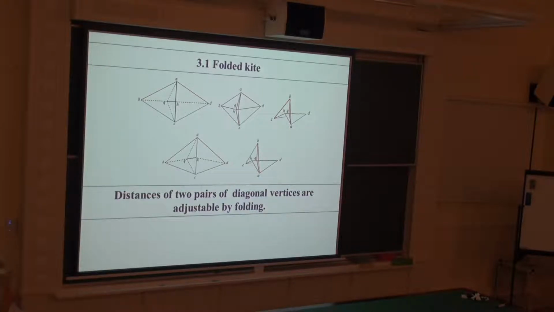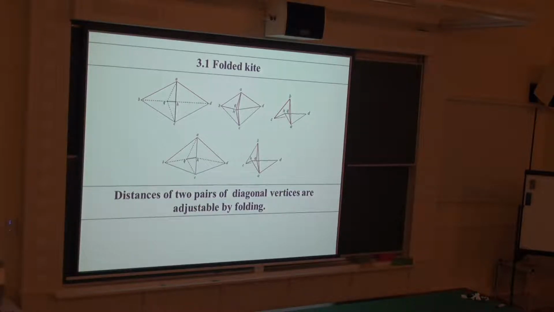Then we can change the distance, not one by one but together. We call this figure a folded kite. If we give two distances here and here, then we can find the unique point Q here. And continuously we can go to some other folded kites.